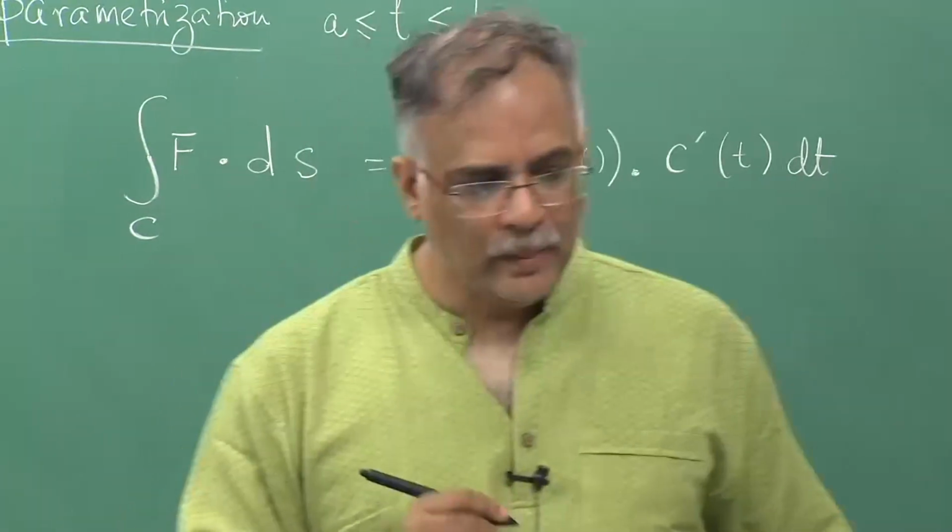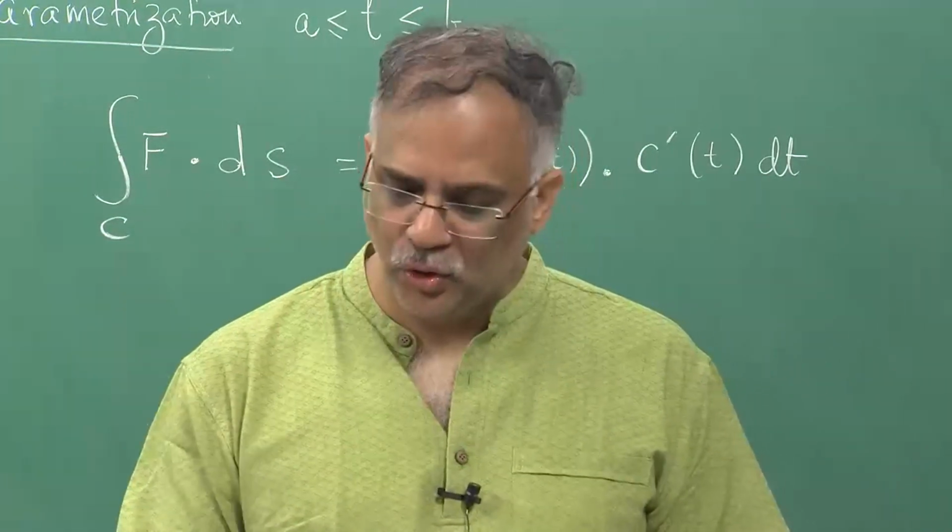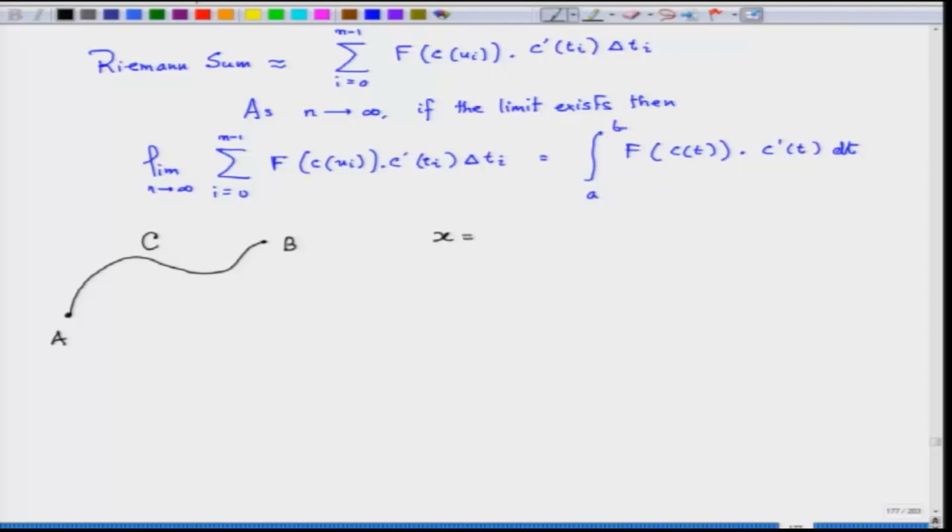Here they give you 2 points in 3 dimensions, x naught is 0 0 0, and the final point x1 is 1 0 0. So, if I draw the axes, this is my x axis, this is the z axis and this is the y axis.